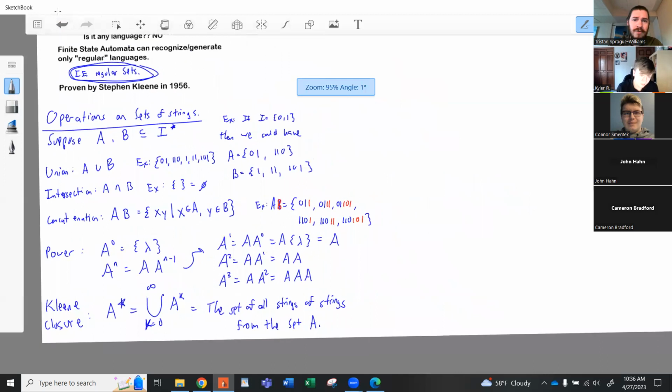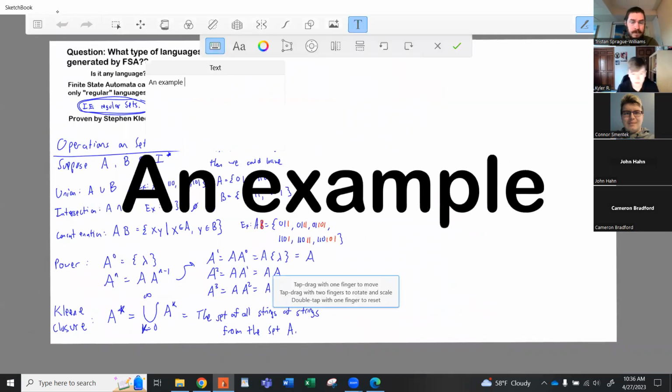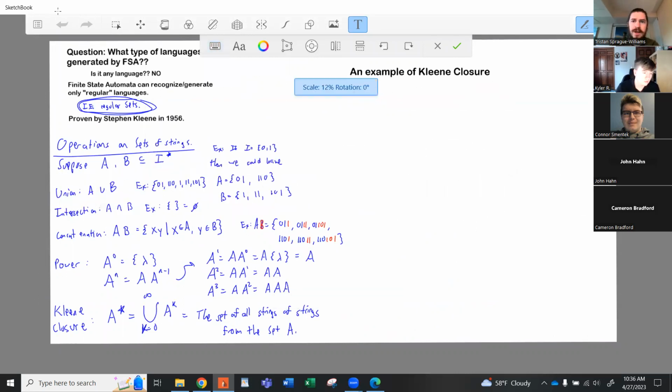So for example, an example of Kleene closure.